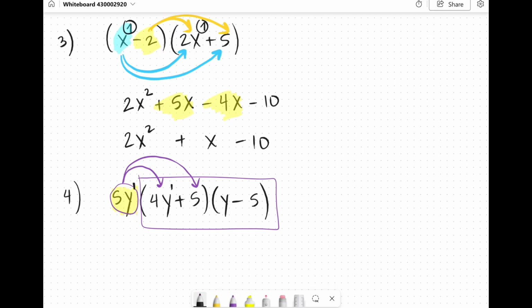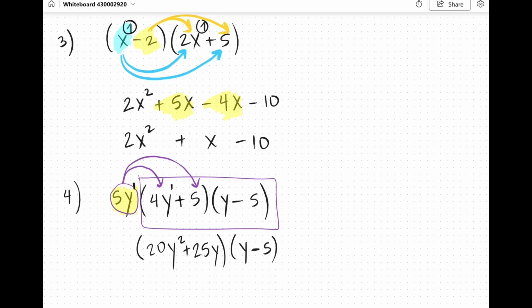That will create 20y to the second plus 25y. And this is now your first polynomial. I'll bring down the rest of it.